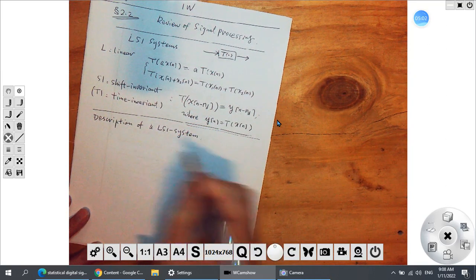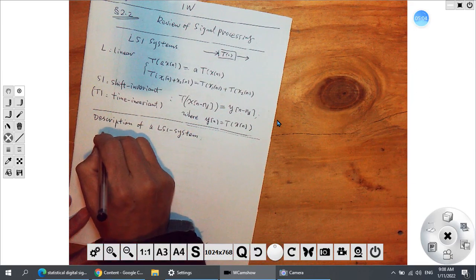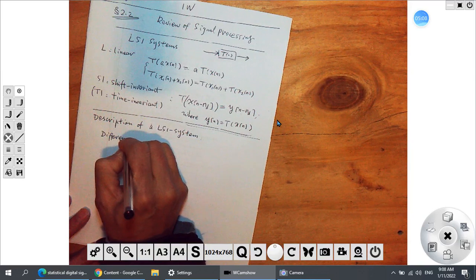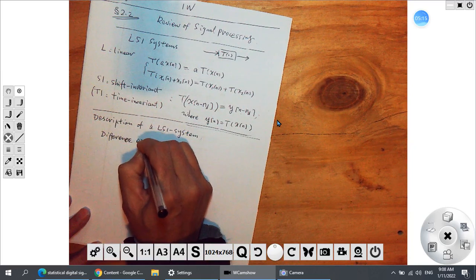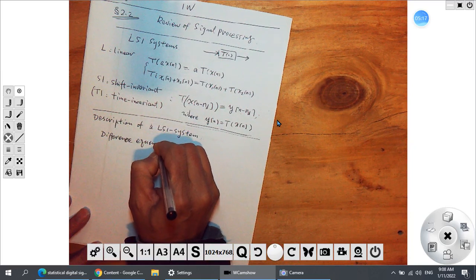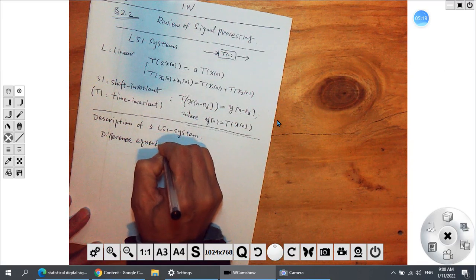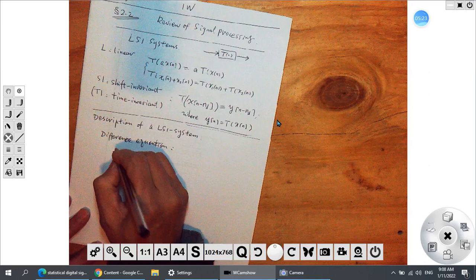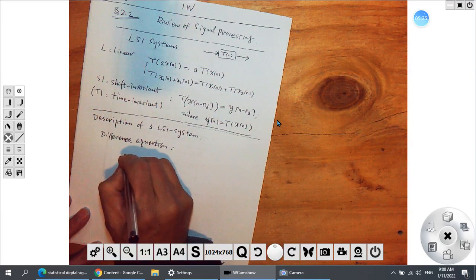The basic thing is the difference equation. It usually looks like this.